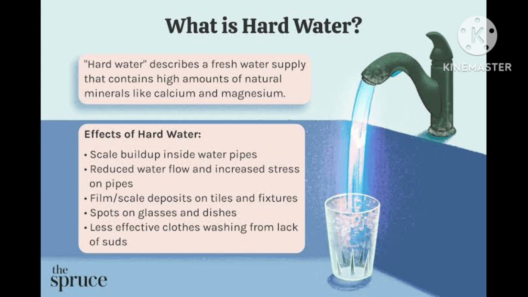Hard water does not give lather easily with soap, but produces a white scum or precipitate with soap. This is due to the formation of insoluble soaps of calcium and magnesium.